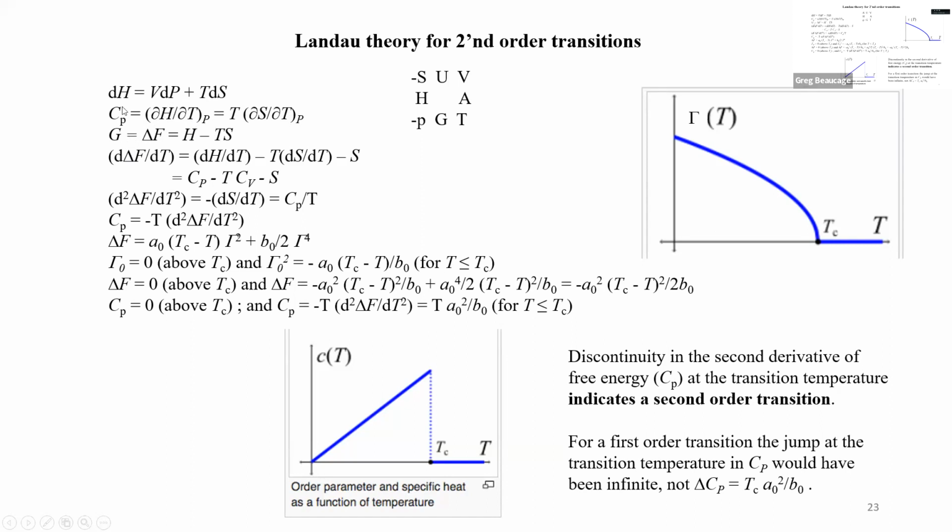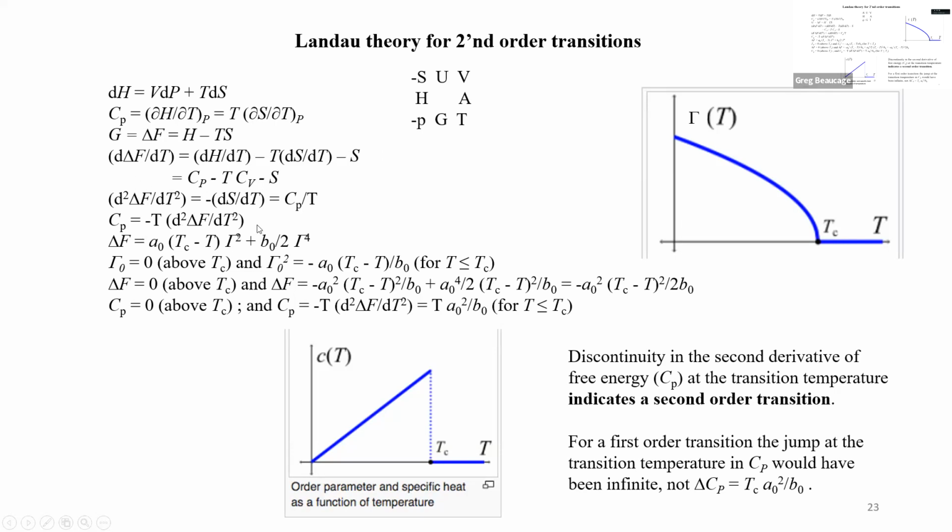And then G is H minus TS. Right? And then you can do this derivative of the free energy, which is the thing we had. It's this expression, so it's got Cp in it, it's got CV in it, and then it's got S in it from that expansion, the derivative of that thing.